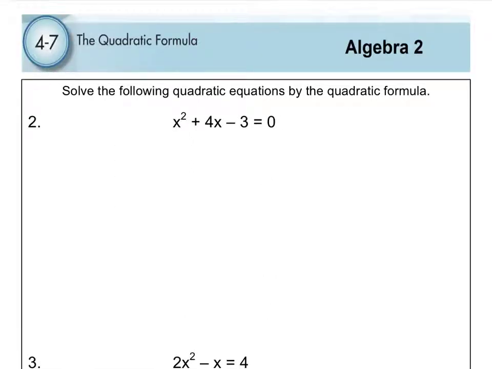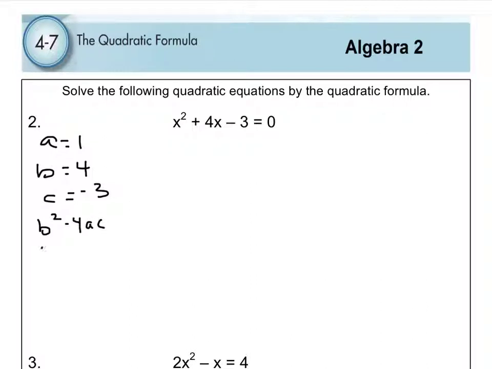As we look at example number 2, again the first thing we want to check is whether the equation is set equal to 0. In this case it is. So A is 1, B is 4, and C is negative 3. I want to figure out the discriminant first.